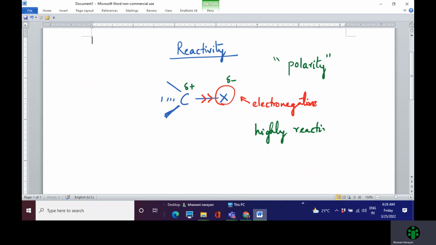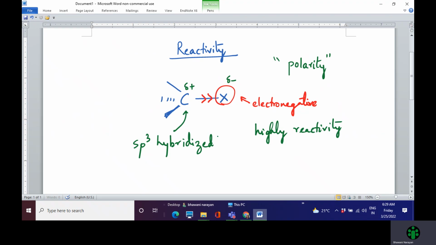What kind of reactions will it undergo? For this, we have to have a close look at the hybridization of the molecule. You can see that the carbon here is sp3 hybridized and it is connected to four other groups. It may be different, it may be same, we don't know, but it is connected by 4 different bonds.